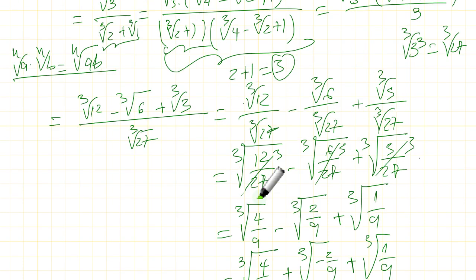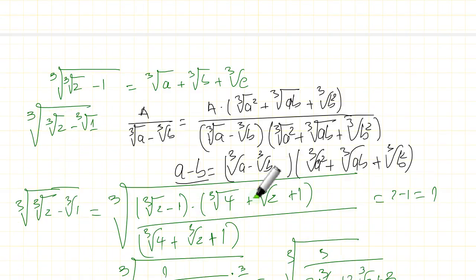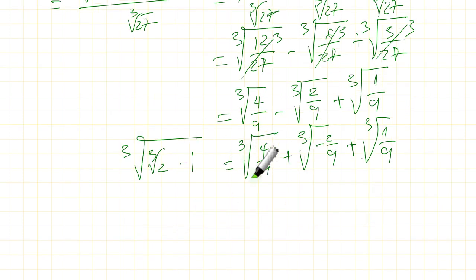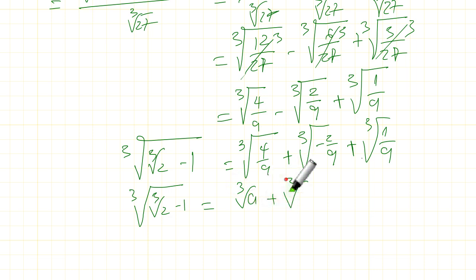And the problem says that we should find the value of a, b, and c, right? So we have now that cubic root of 2 minus 1 is equal to this. So comparing with our initial problem, we have cubic root of a plus cubic root of b plus cubic root of c.